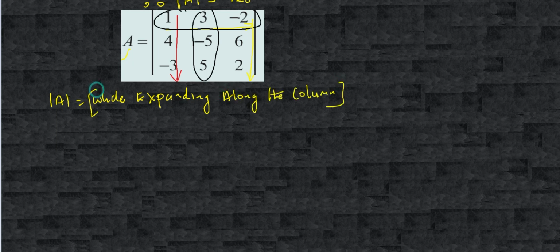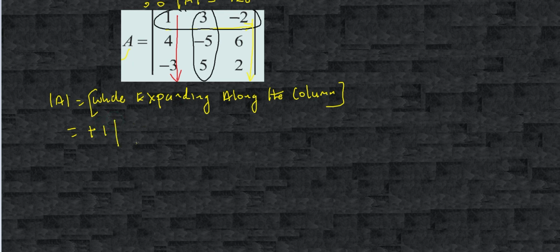So now we are going to be expanding the values along the column. We are going to find the determinant of A while expanding along the column. So the first element is going to be 1.